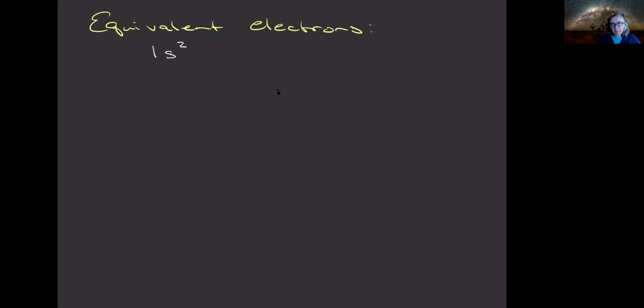For that to happen, because of the Pauli exclusion principle, they have to have their spins opposite. In this case, for the 2 electrons, we have l equal to 0 for both of them, so total L, which is l1 plus l2, is just 0.